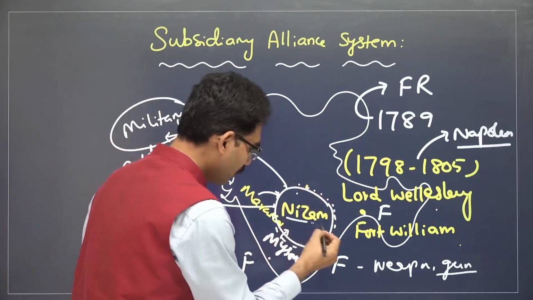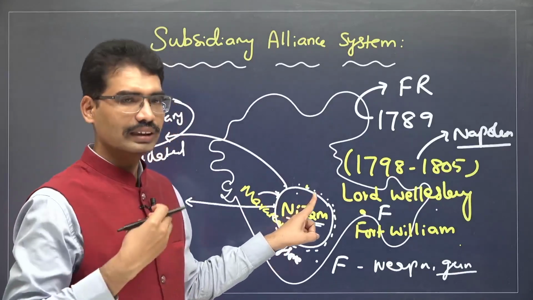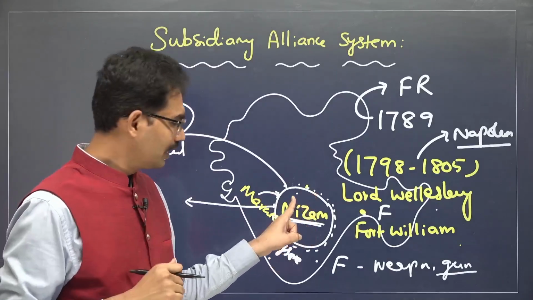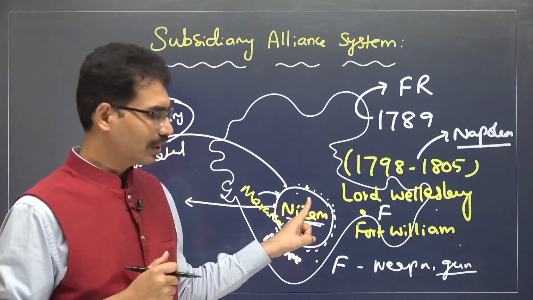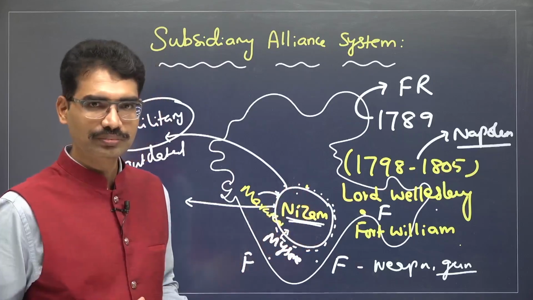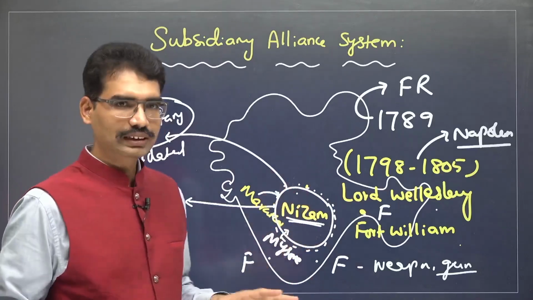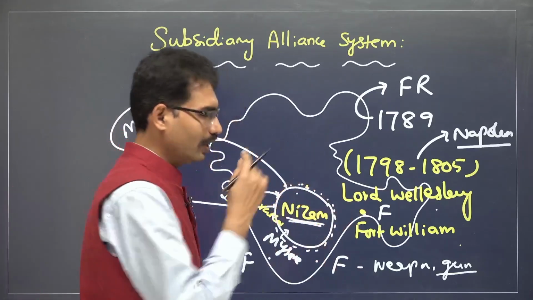Internally, whatever you want to do, you do yourself. We don't worry. Internally, it is not our concern. Internally, what kind of tax you want to collect, what kind of justice system you want to have, what kind of law and order maintenance you want to have, everything that is up to you. Who is going to succeed? It is up to you. But external things we are going to handle.